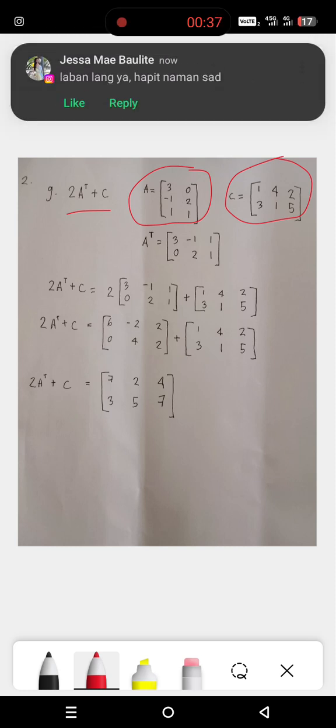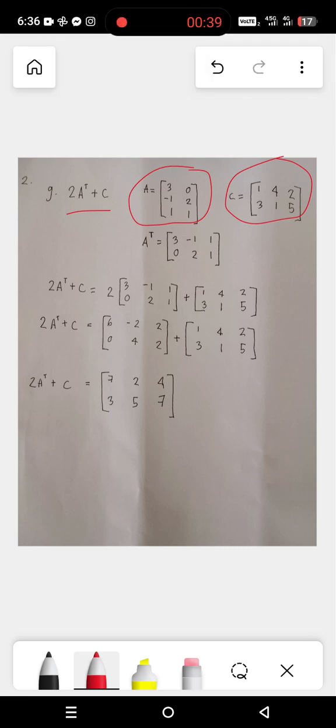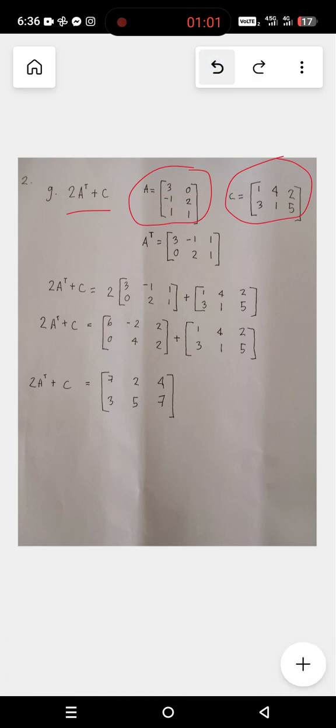So we have here the given matrix A, which is equal to 3, 0, -1, 2, 1, and 1. And we're going to find the transpose of that matrix. In finding the transpose, as we can see here, we have rows 1, 2, and 3, and we're going to arrange that into vertical.